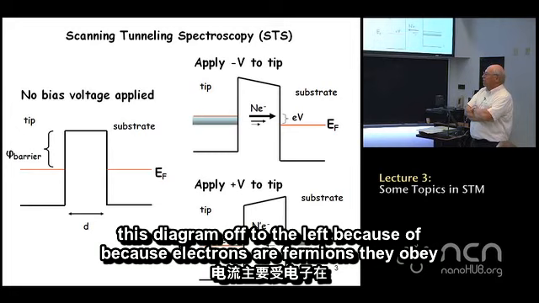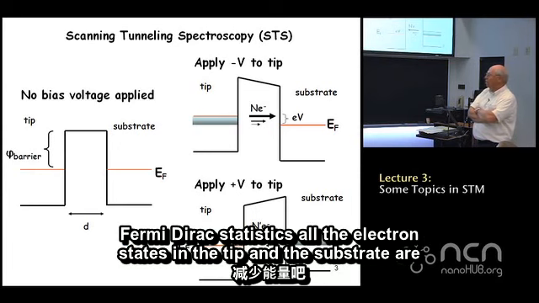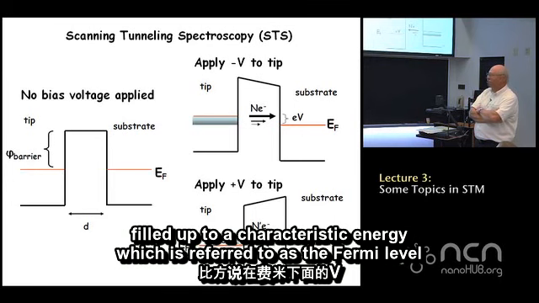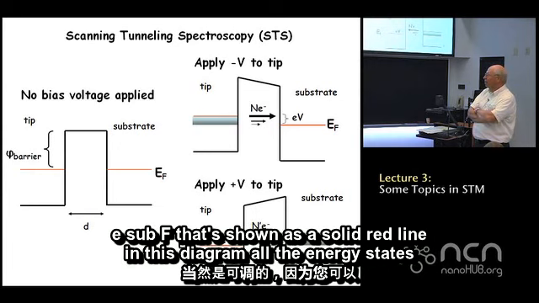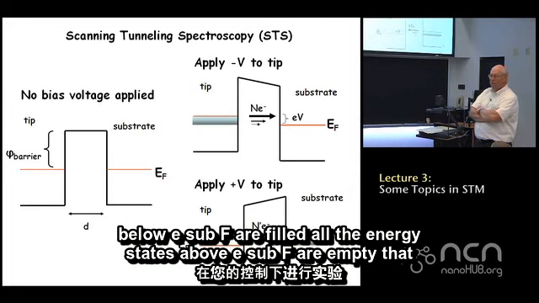Because electrons are fermions, they obey Fermi-Dirac statistics, and all the electron states in the tip and the substrate are filled up to a characteristic energy which is referred to as the Fermi level, E sub f. That's shown as a solid red line in this diagram. All the energy states below E sub f are filled. All the energy states above E sub f are empty.